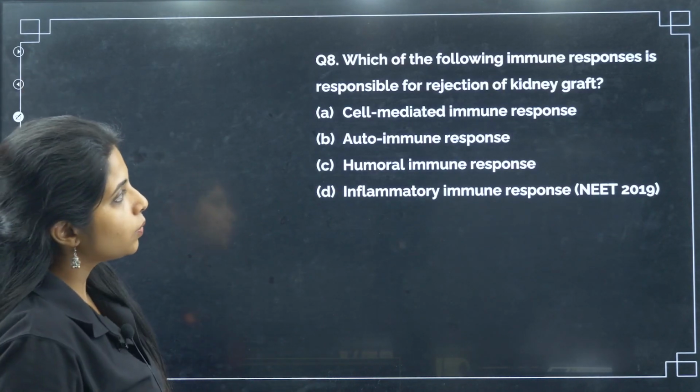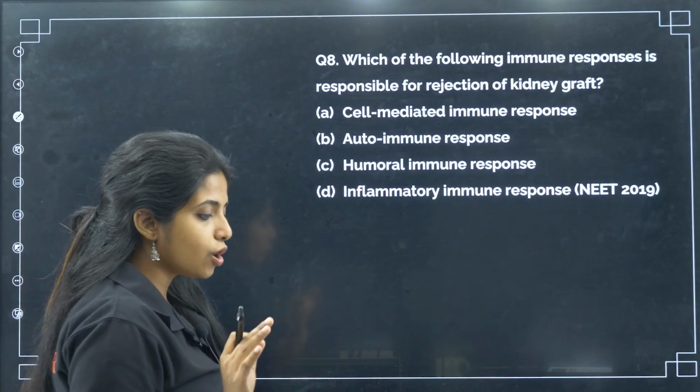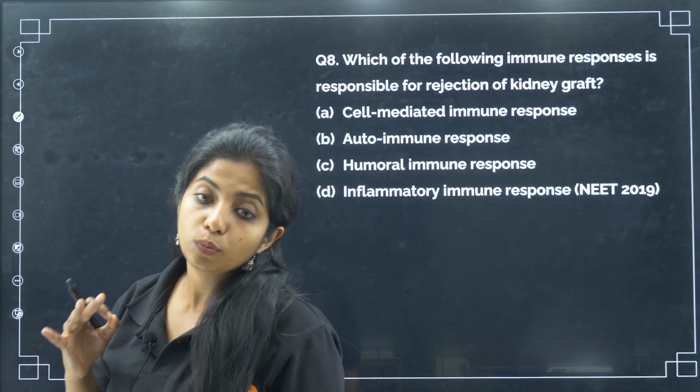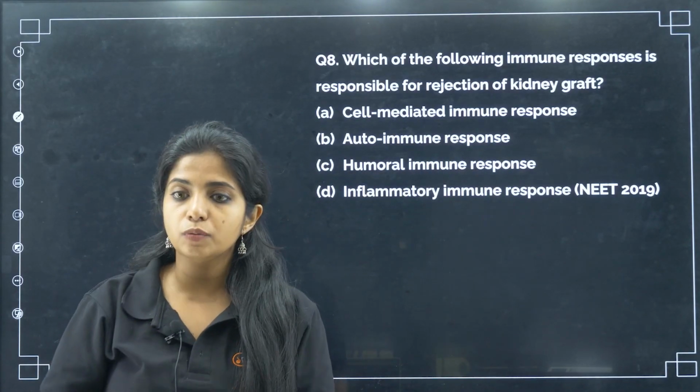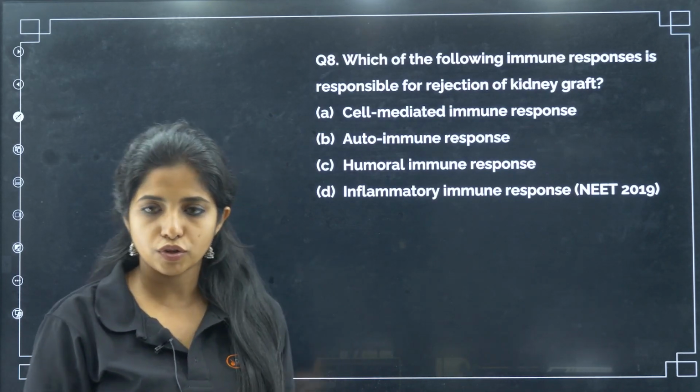Now, which of the following immune responses is responsible for rejection of a kidney graft? Whenever you are getting a graft, what type of immunity will be initiating a rejection? Cell-mediated immune response, autoimmune response, humoral immune response, inflammatory immune response. What is the answer?